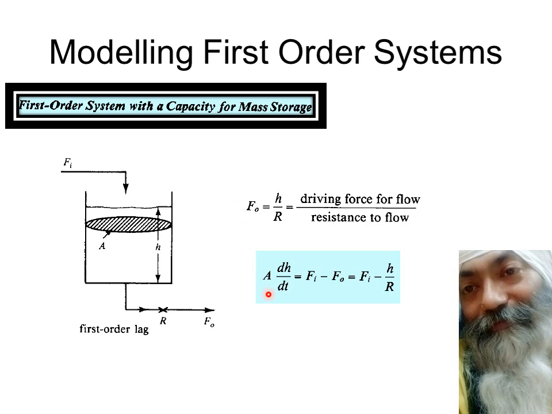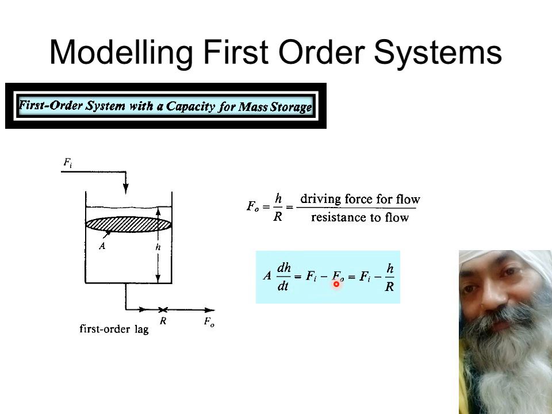Volume flow rate is given by whatsoever is Fi going in minus whatsoever is F naught coming out, which should be equal to the rate of change of volume. H into A is volume, and A, the area of cross section, is constant. It gets out from this equation. So the rate of accumulation of volume, that is A into dH by dt, comes out to be equal to Fi minus F naught.